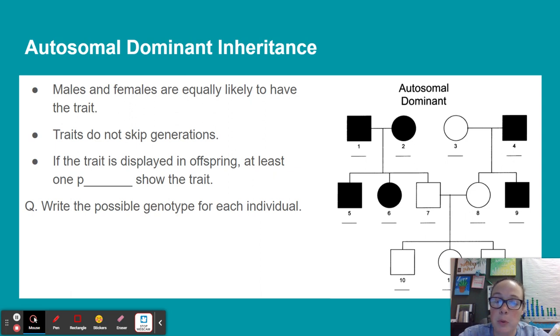For example, blue eyes is recessive. I have blue eyes. My daughters have brown eyes. They inherited a brown eye allele from their dad, but they are carriers for blue eyes.